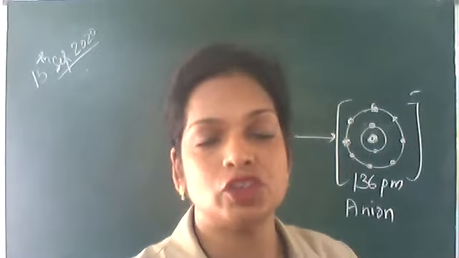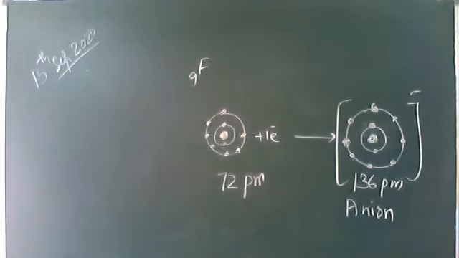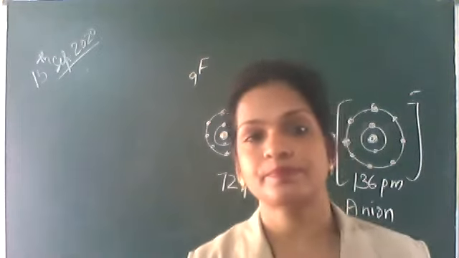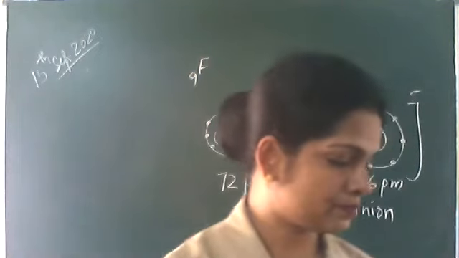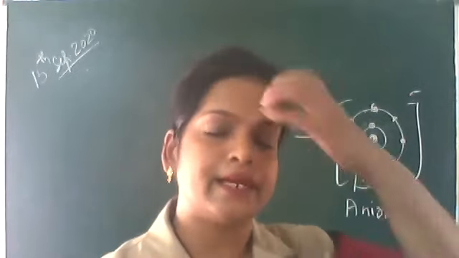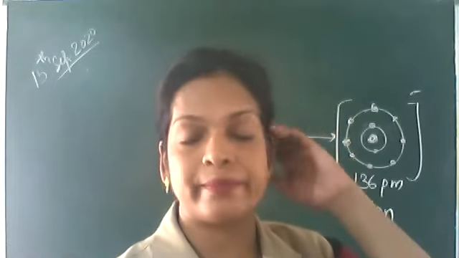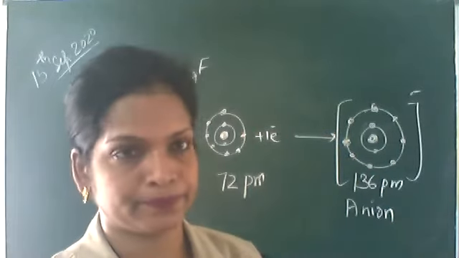So what are the differences between cations and anions? Write down: cations are smaller as compared to the neutral atom, while anions are bigger as compared to the neutral parent atom.